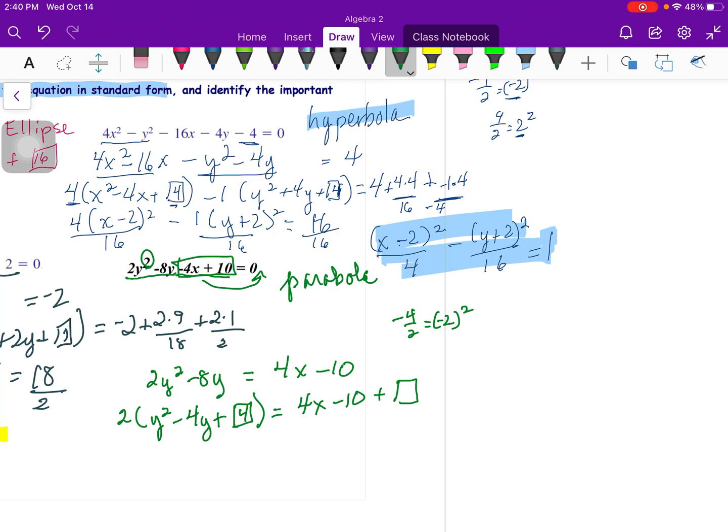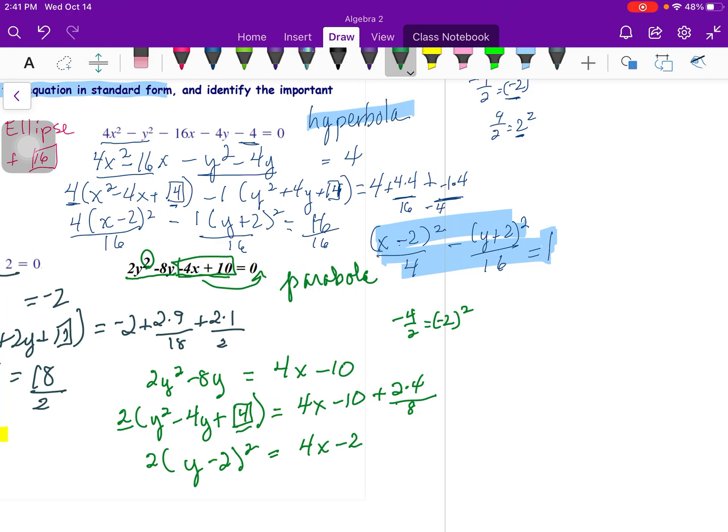So over here on this side, it was a 2 times 4. So this gives me 2 times y minus 2 squared equals 4x minus 2.